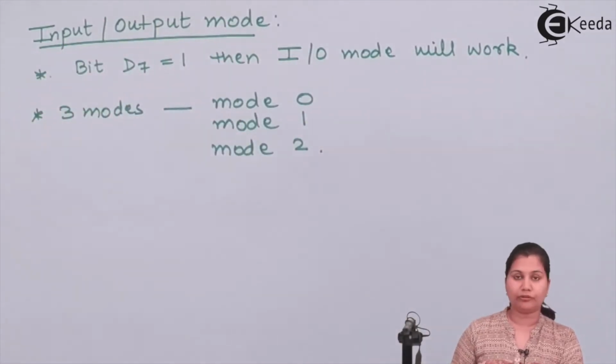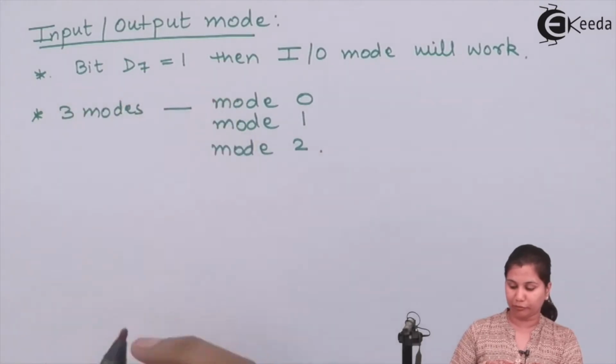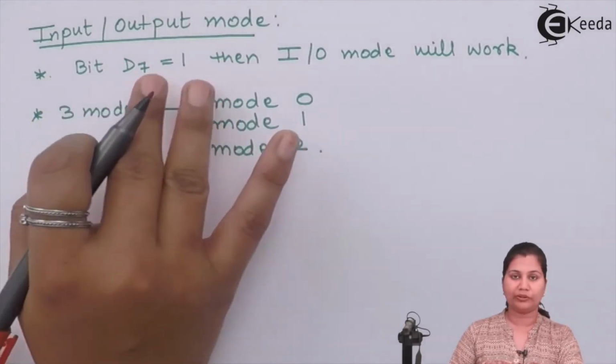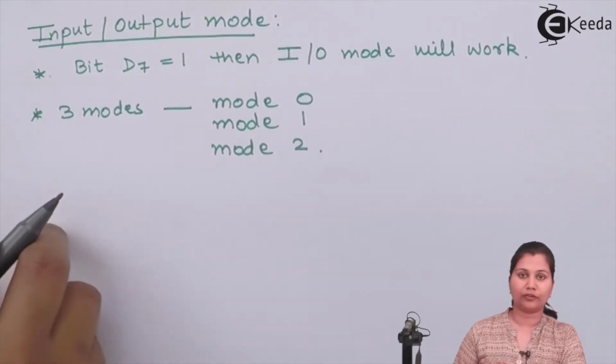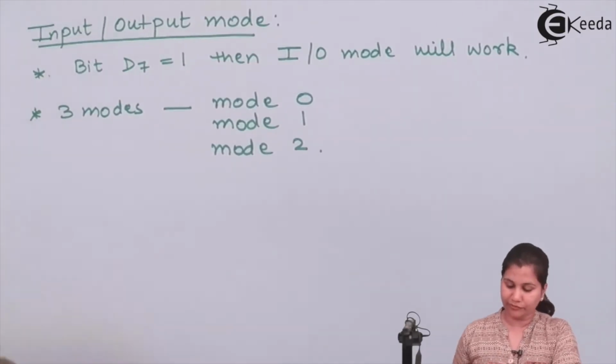Now let's see the control word for this input output mode. Bit D7 we already know is equal to 1. Let's come to the rest of the bits of the control word.